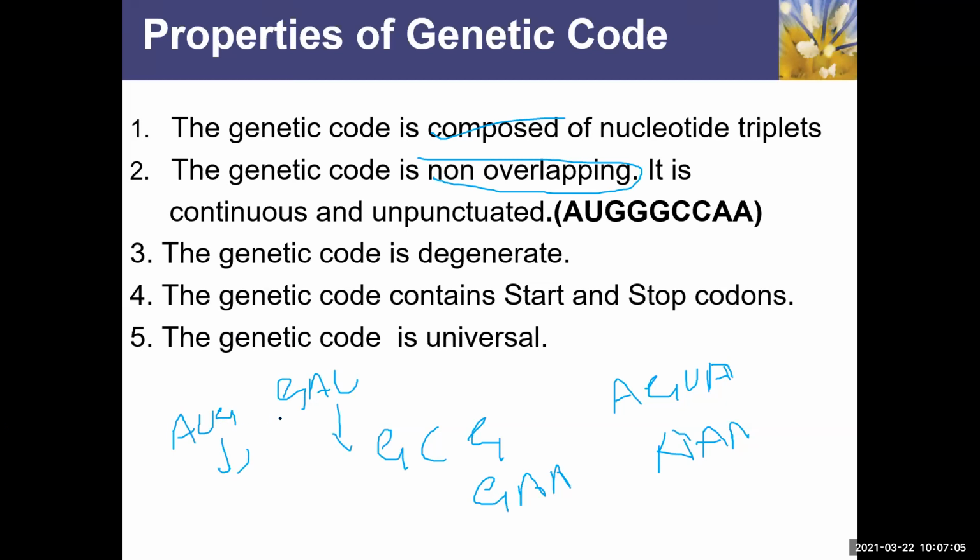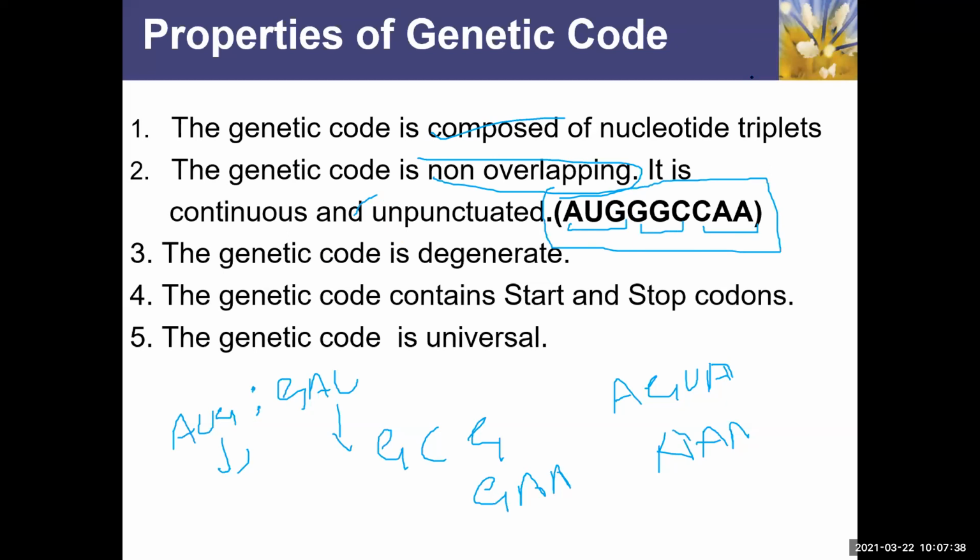And there's no punctuation over here. There's no comma or semicolon in between, so they are unpunctuated. So if you see a sequence like this, you don't need to put a comma or any punctuation, because you know that AUG will be one codon, GGC will be another codon, CAA will be another codon. So it can be continuous as well.